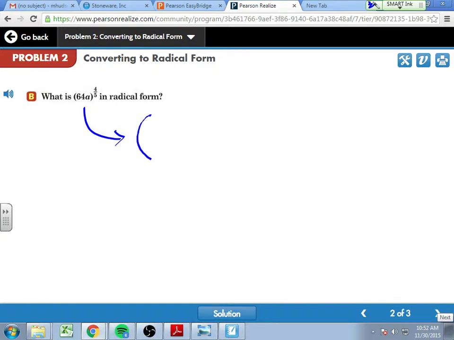What is the root here? Anyone not Jacob know what my root is here? Grant? 5 is my root. So I set up my radical with the 5, 64a. Now, where would I put that 4?